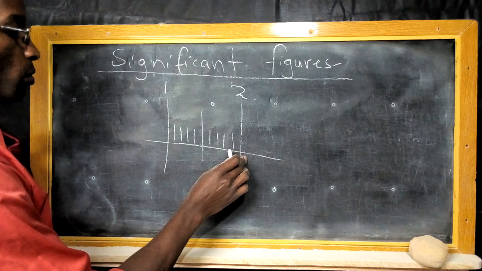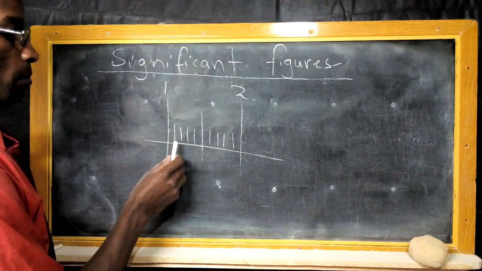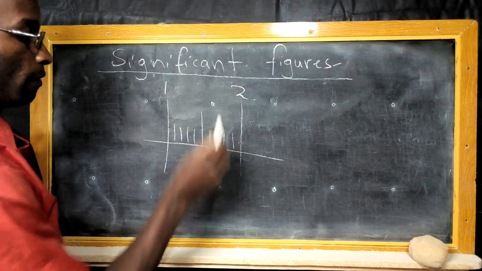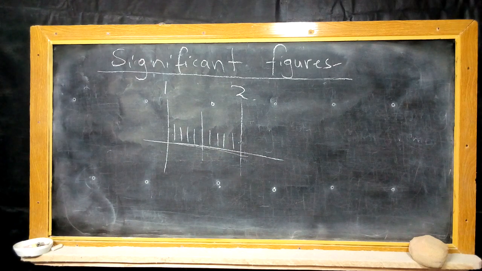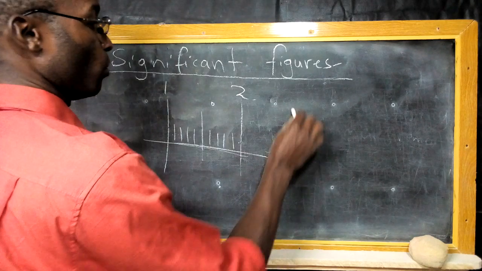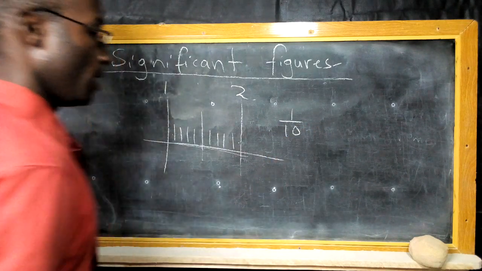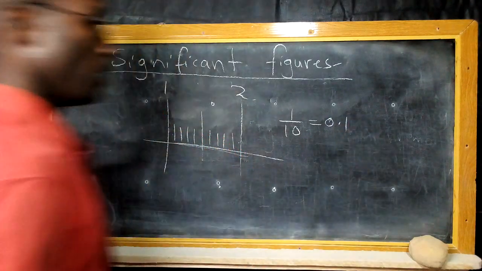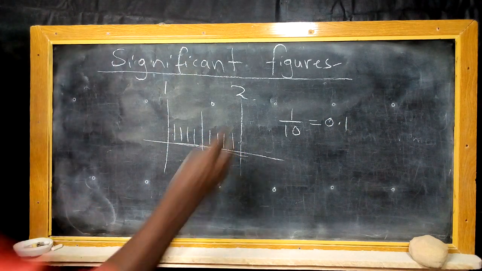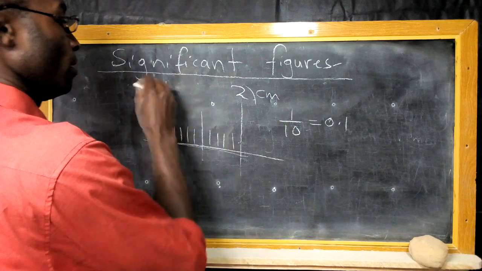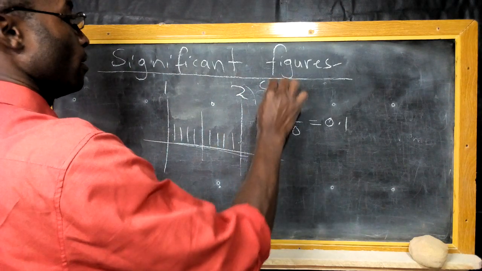From this point to this one, I have 10 subdivisions: 1, 2, 3, 4, 5, 6, 7, 8, 9, 10. So one of these subdivisions is 1/10, implying that one subdivision is 0.1 centimeter. This is 1 centimeter, and of course this reading is in centimeters.